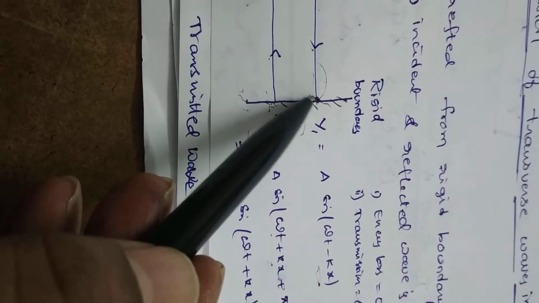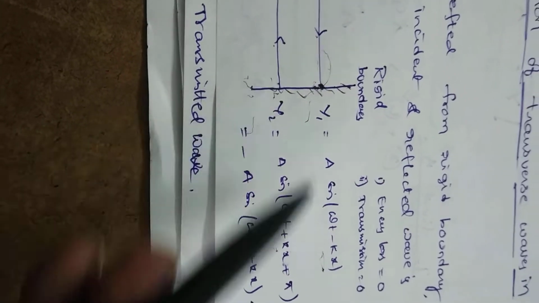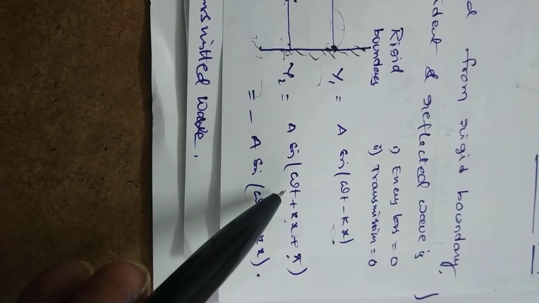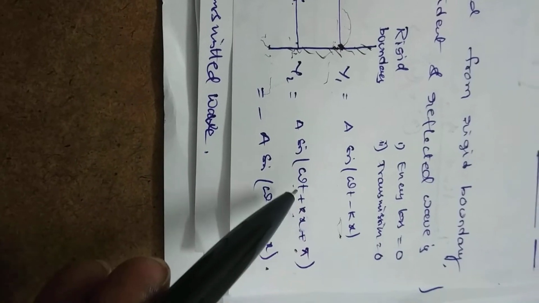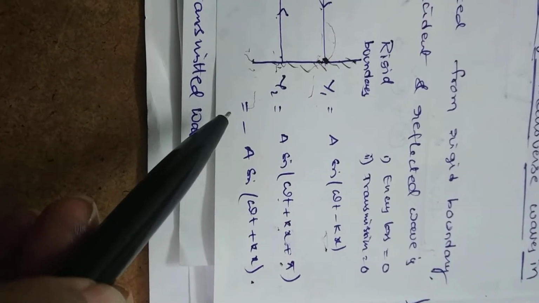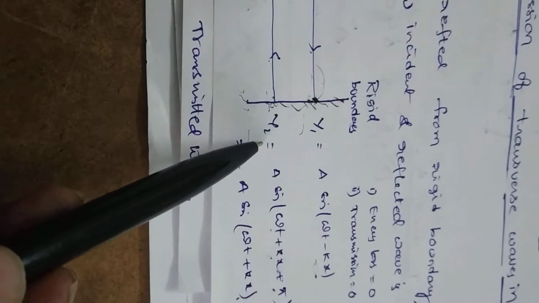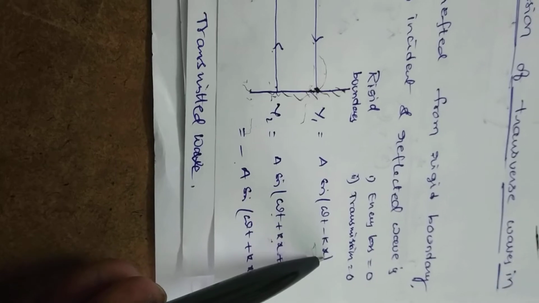The extra phase difference between incident and reflected wave is 180, which means plus pi. So y2 equals a sin(omega t plus kx plus pi). Sine of 180 plus theta is equal to minus sin theta. That's why y2 equals minus a sin(omega t plus kx). This is the equation for the reflected wave and this is the equation for the incident wave.